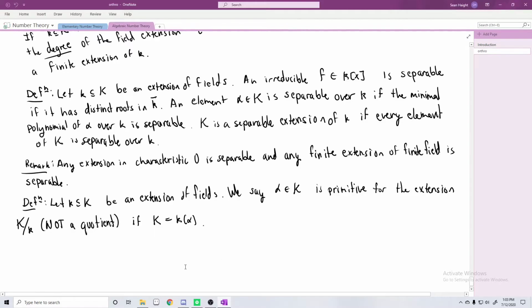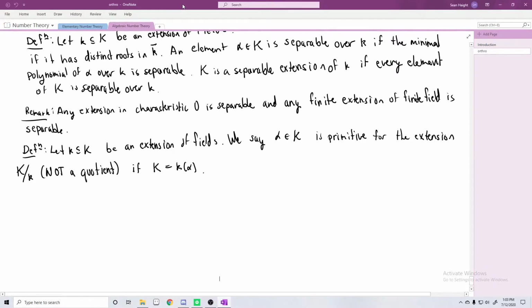And the theorem of the primitive element says that a lot of times your field extensions look like this. This is called the theorem of the primitive element. It's kind of a cool name.